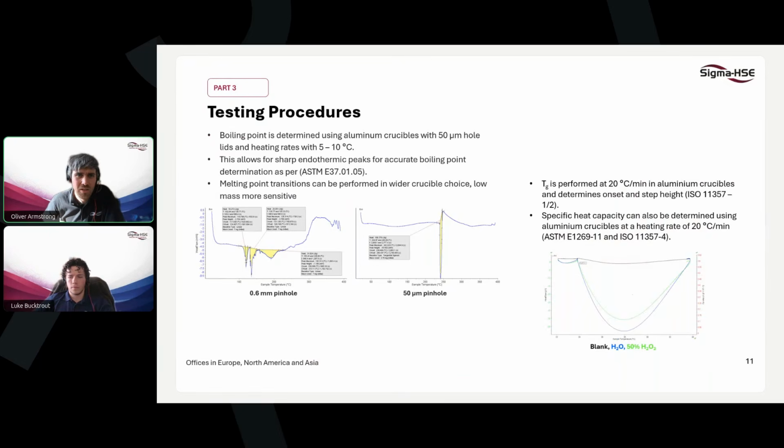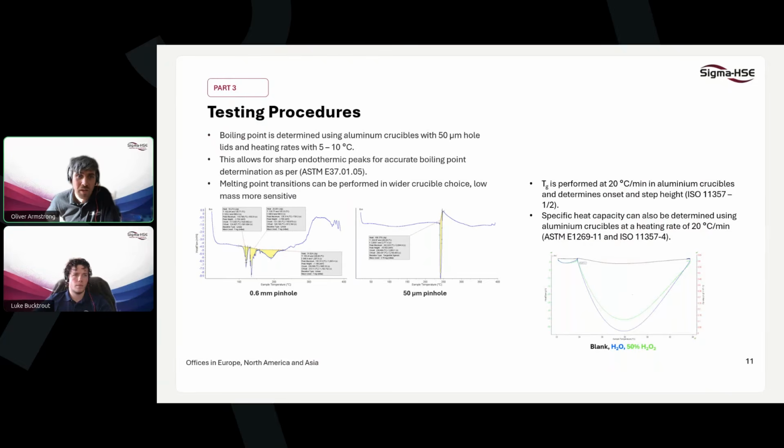When starting to characterize discrete thermophysical properties, really understanding the test material in question and choosing the correct, appropriate testing method is critical. So the different types of consumables that Luke showed on the previous slide really come into play here. Key of which really is boiling point determination.